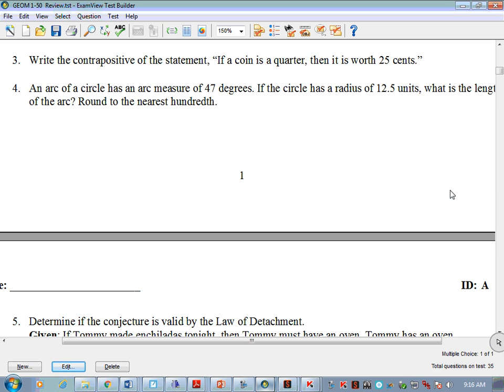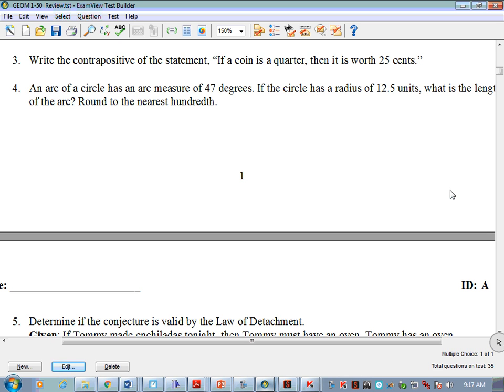Okay, it flips it and it negates it, right? And I think that's what you're saying there. Negate doesn't always mean to put in a not. We would put in a not statement where it's affirmative to begin with. But if it already had a not statement, we would take that not out, right? Okay? But you're not wrong here.